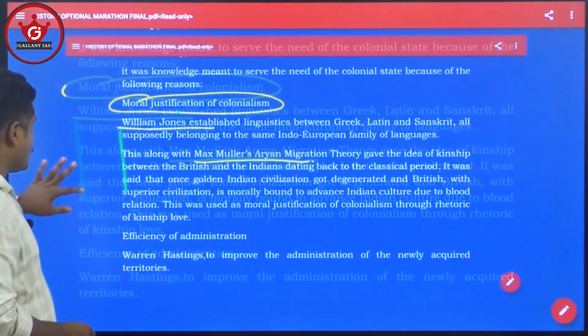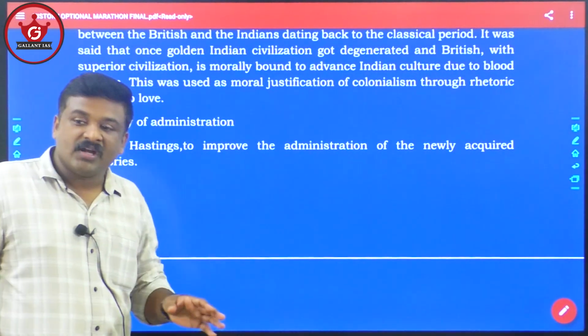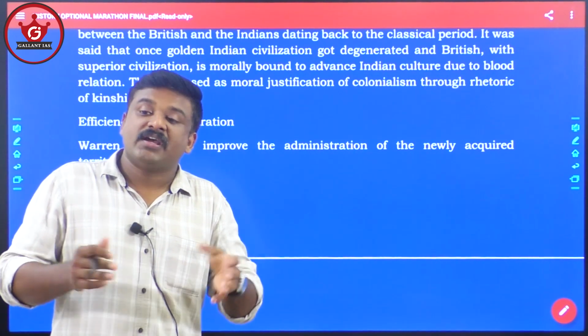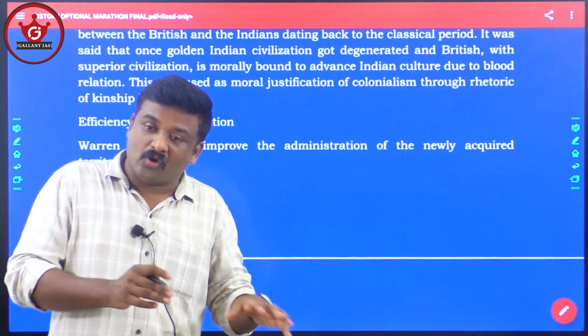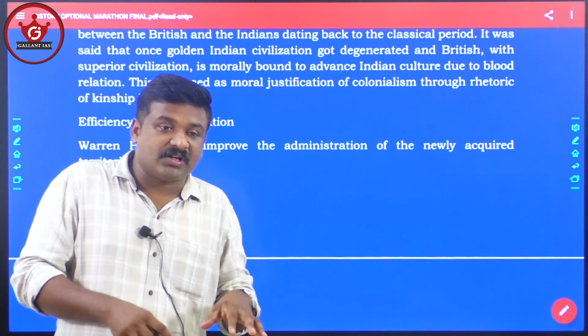Now see, the basic intention is that they wanted efficiency of administration. Efficiency of administration means understanding Indian territories, language, culture, rituals. It is essential for controlling Indian local administration, village administration, revenue administration, judicial administration.